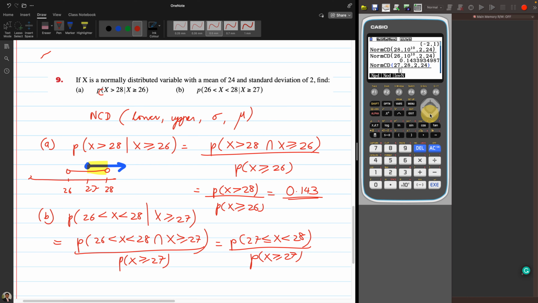This is again NCD, greater than or equal to 27: 27, 10 raised to 10, 2 and 24. So 0.659.